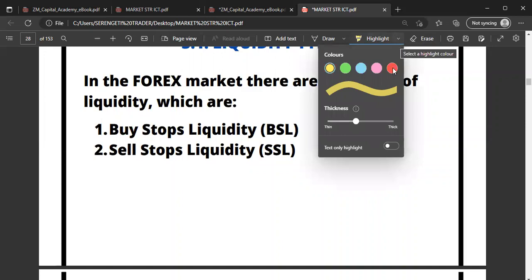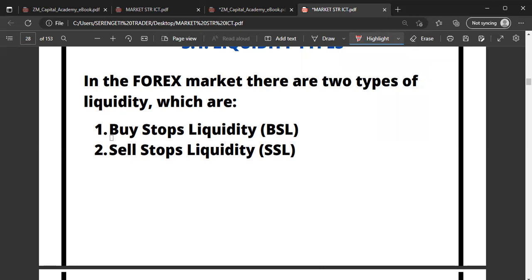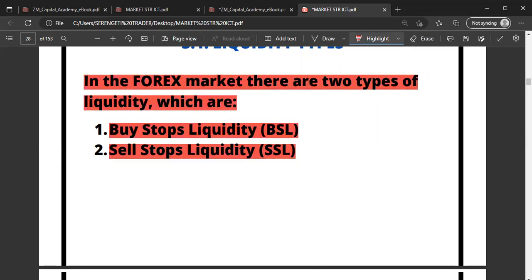So the best thing to do is to actually understand these types. It is very, very important. So what is the buy stop liquidity and what is the sell stop liquidity?